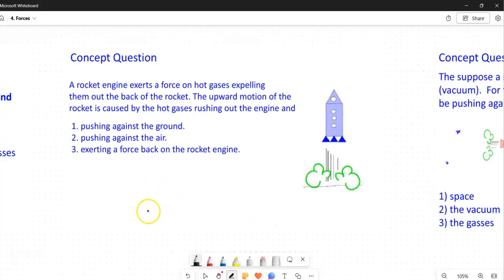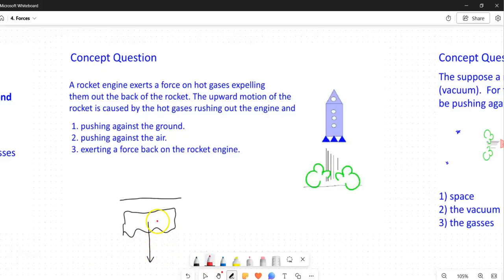Okay, so here is the bottom of the rocket, and here are some gases. The rocket is going to be pushing these hot gases down, right? And so that's why they will begin moving down.